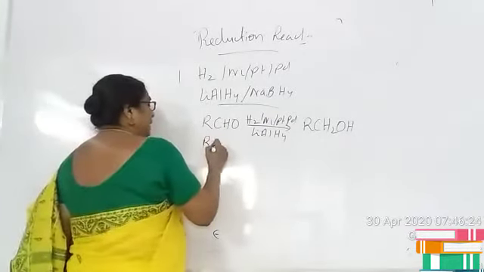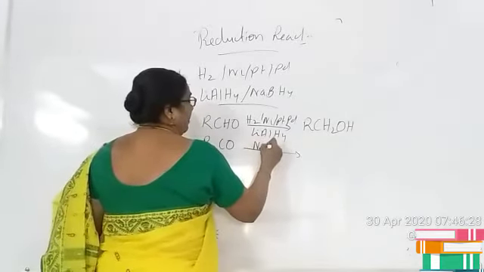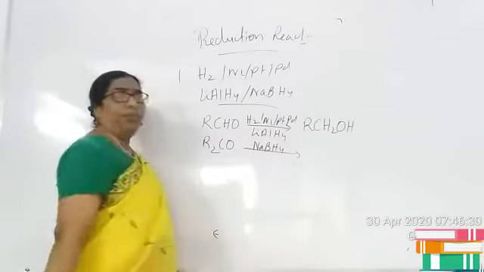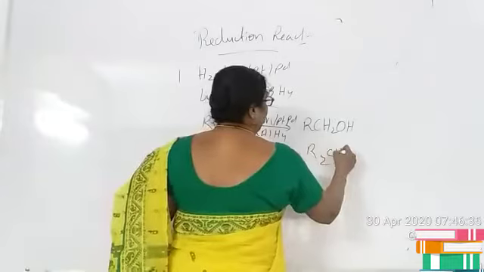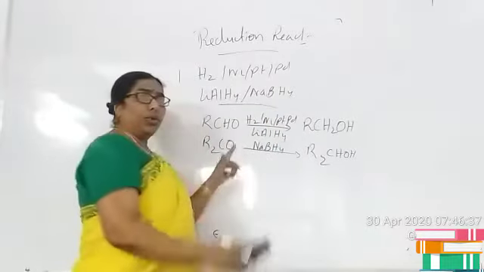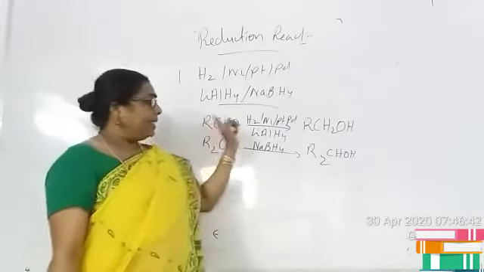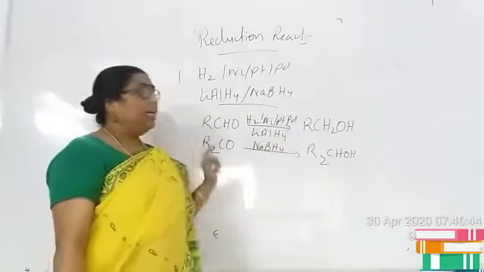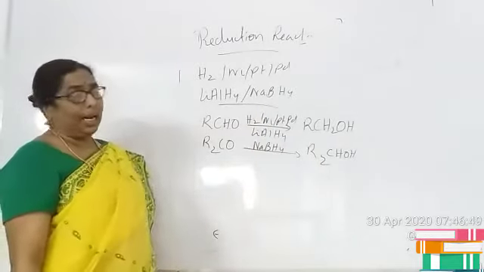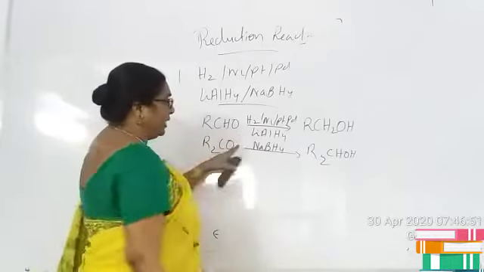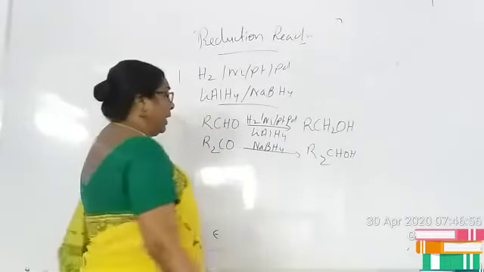On the other hand, ketones undergo reduction under the same conditions, whether lithium aluminium hydride or sodium borohydride, and produce secondary alcohol as the product. Is it clear? This type of reduction is termed partial reduction. Children, here we have to see the difference between lithium aluminium hydride and sodium borohydride.